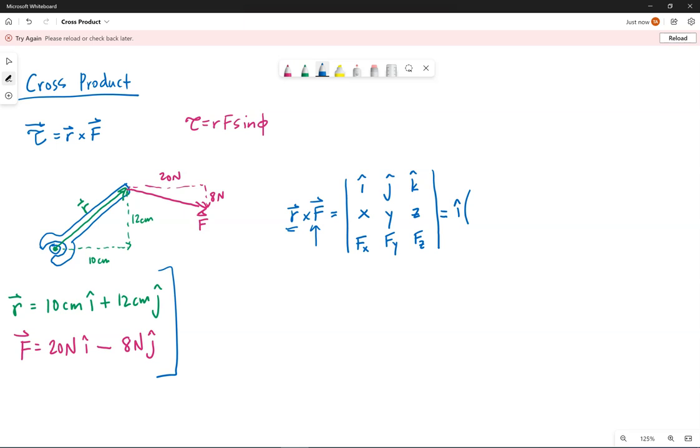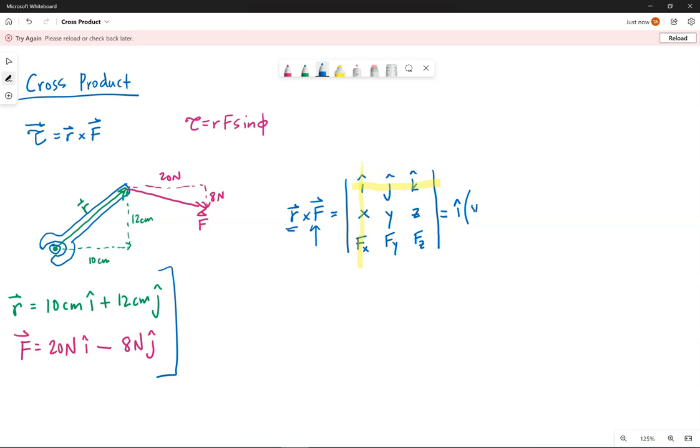So to find the X component of my answer, I cross out the column and the row that have I hat in it. So I'm crossing out the top row and the left column, and that leaves me with these 4 uncovered numbers.